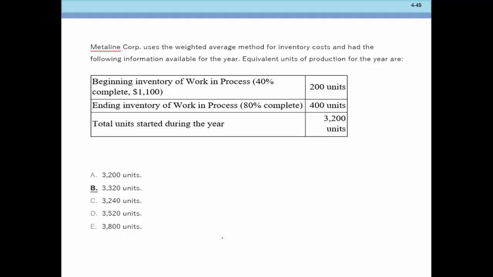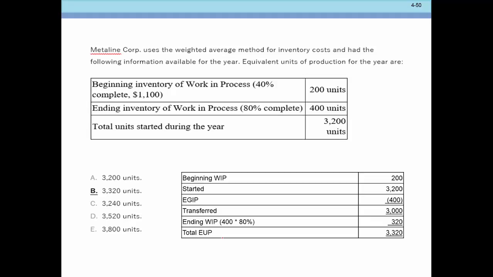Now, the solution that I stuck in on the next slide, if this works better for you guys. Yes, sir. On the first thing, it says beginning inventory 40% complete and 1,100. Would that 1,100 be for the prior period?